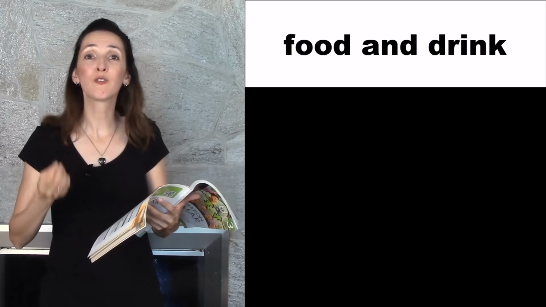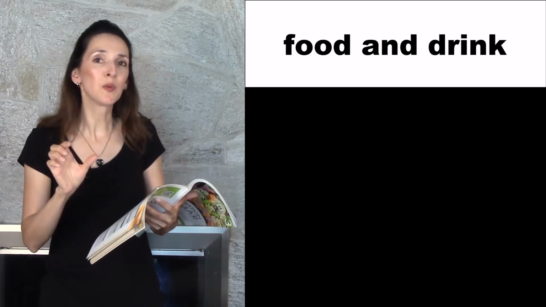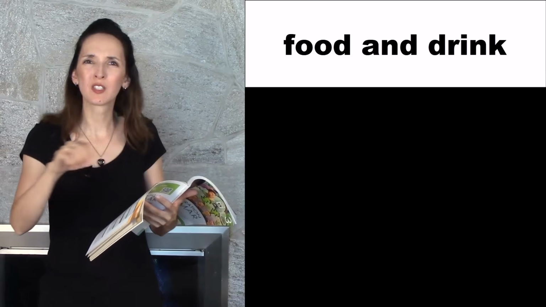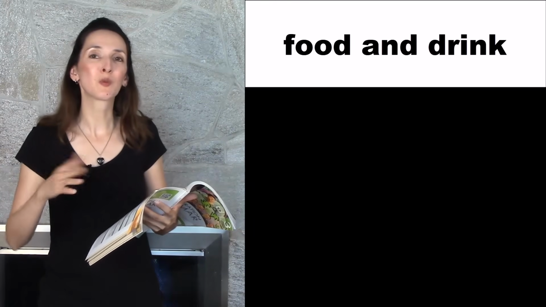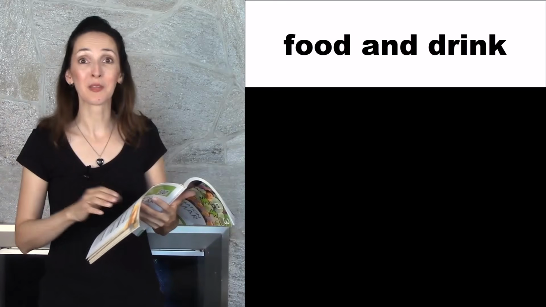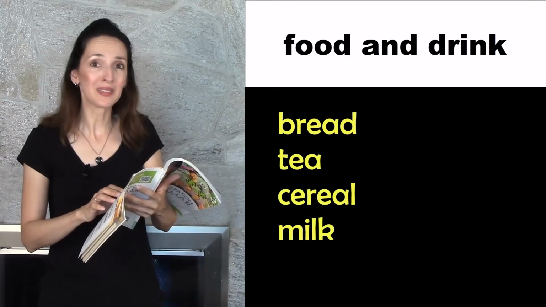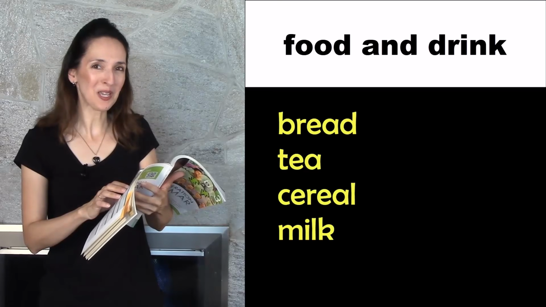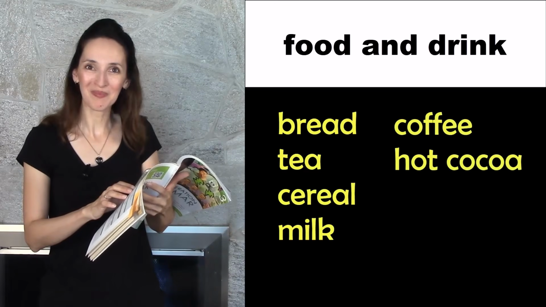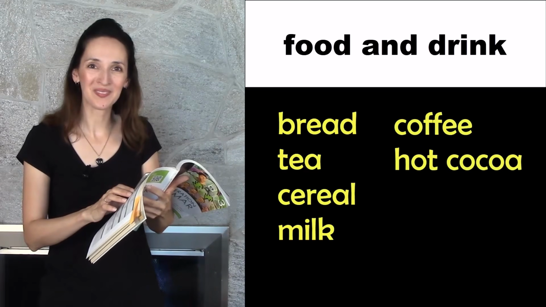Nouns that refer to food or drink are countable if we're referring to specific ones or specific types. But if we're using these words in the general sense, then they're uncountable, like bread, tea, cereal, milk. What do you drink at breakfast? Coffee? Tea? Hot cocoa?